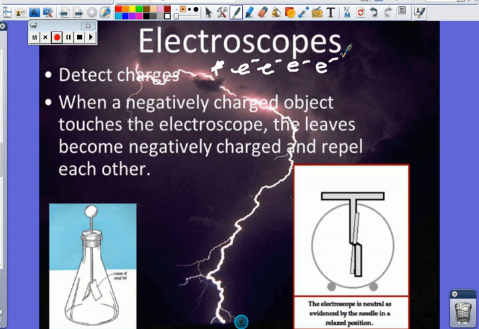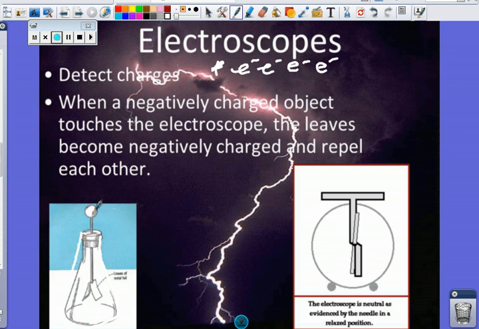We can detect a lot of these things with something called an electroscope, and you're going to build one of these for us. An electroscope is simply a device that shows whether or not there's a charged object around. Here's a glass flask.